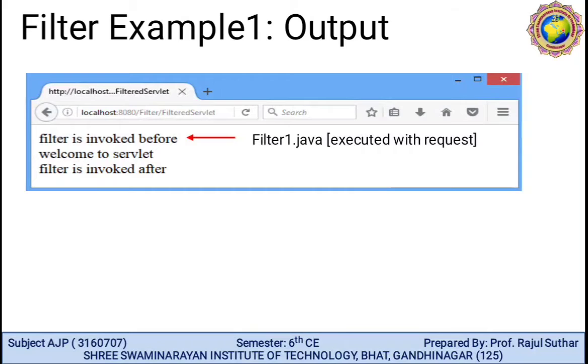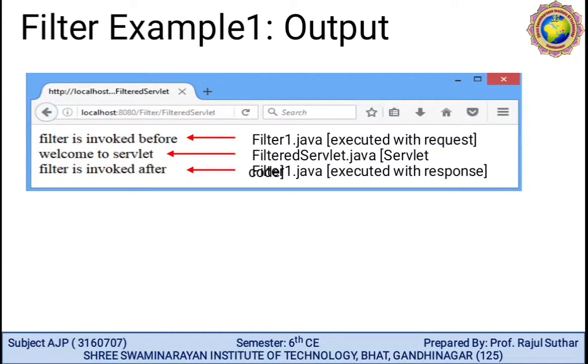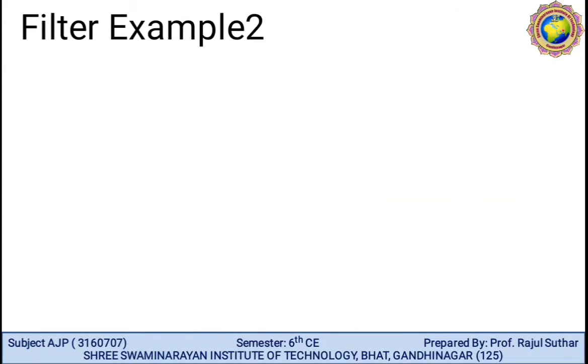This one is by using Filter1.java while we execute the request. Welcome to servlet is the execution by the FilterServlet.java class, so servlet code. And the third one is Filter1.java executing with the response: first request, then execution with response.